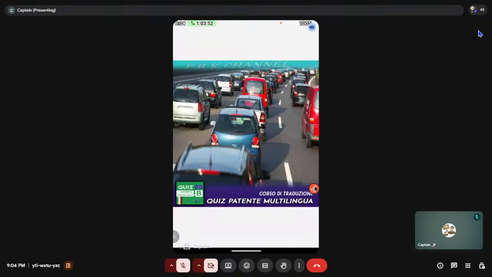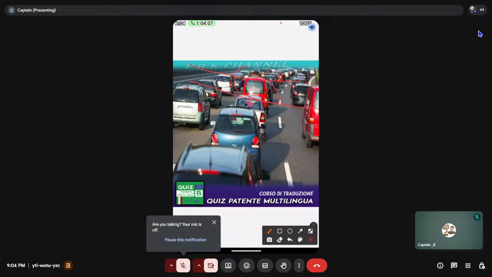Let's assume this vehicle now, this red one, is on the passaggio a livello. This is the train track area. You understand? This vehicle can be saved. The front one can be saved, but you that are on the track, or the person that is on the track, what will happen? So for that reason, you don't have to stay on the track.